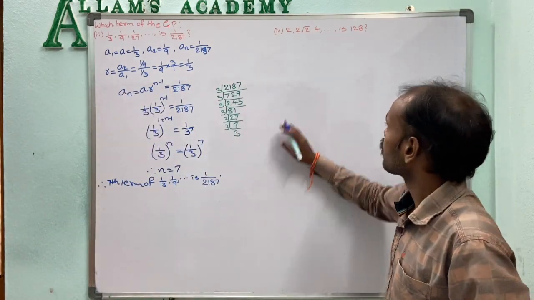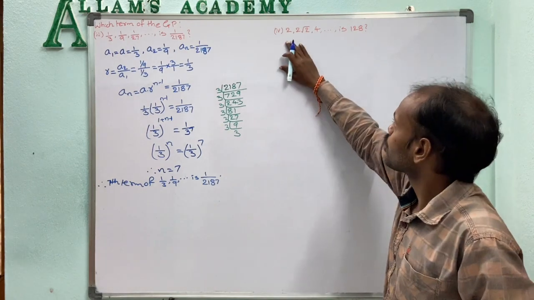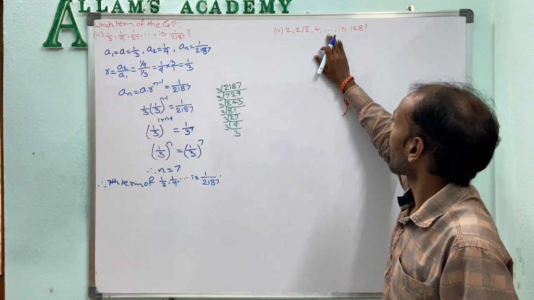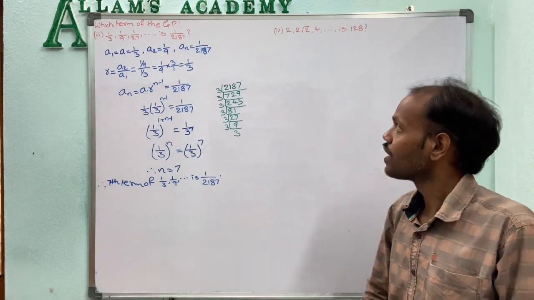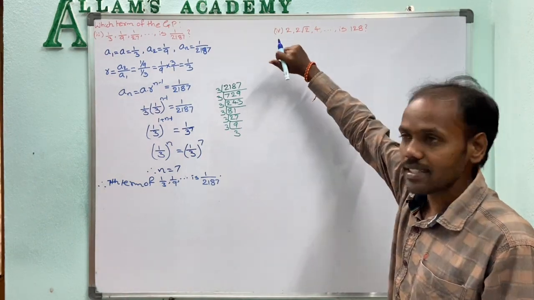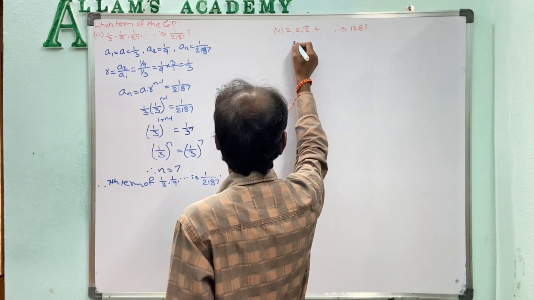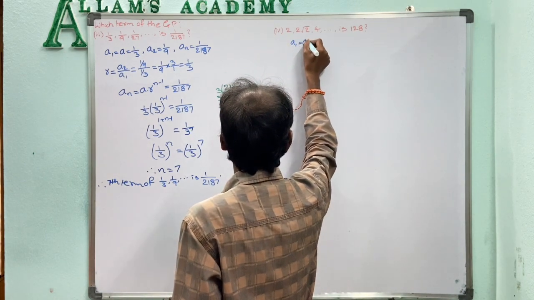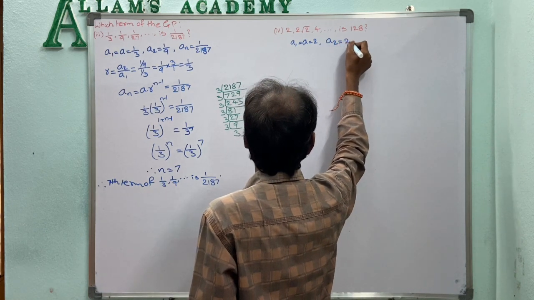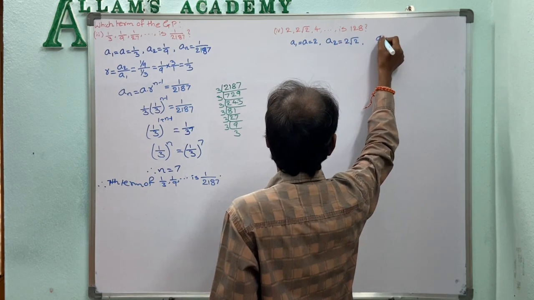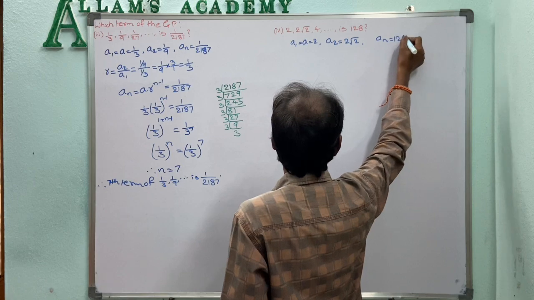Now the next problem is 2, 2 root 2, 4 and so on. In this, which term is 128? First we write the first term and second term of the series. The first term a1 is equal to a equal to 2 and the second term a2 is equal to 2 root 2, and 128 is given as the nth term an.